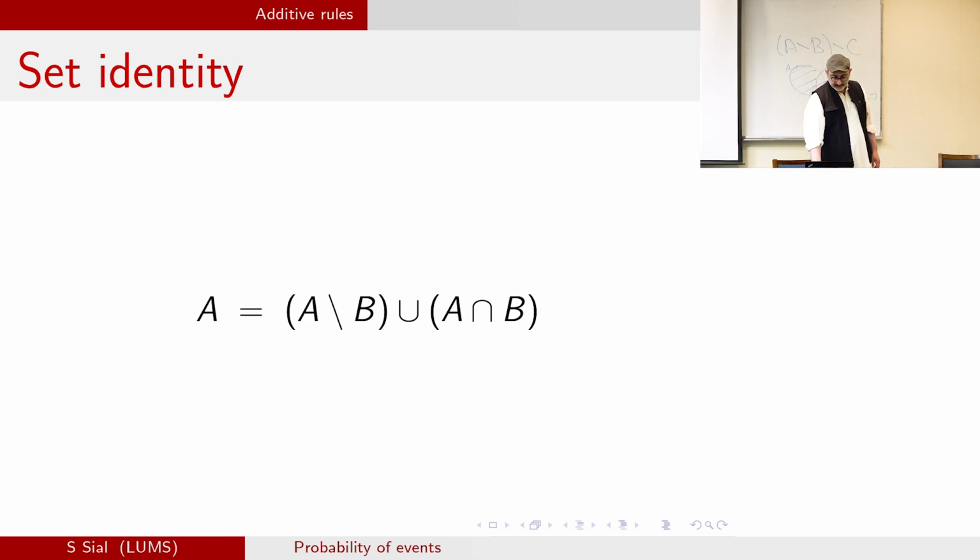Okay, so now if you calculate the probability of A, that's the probability of A minus B plus the probability of A intersection B minus the intersection, but that's empty.